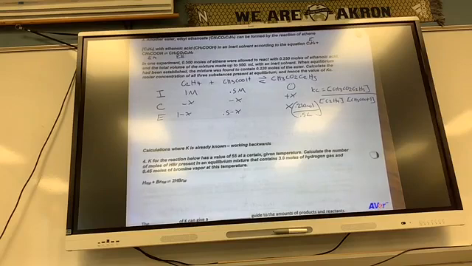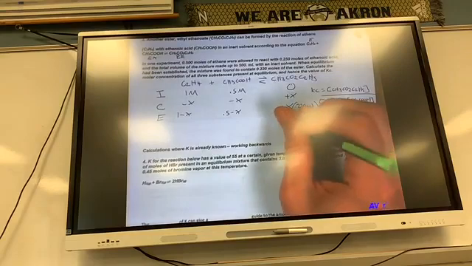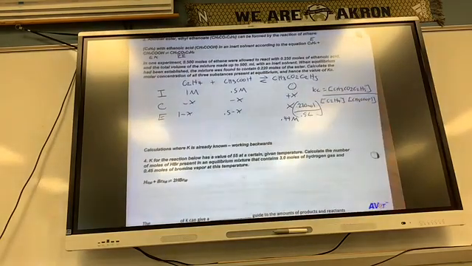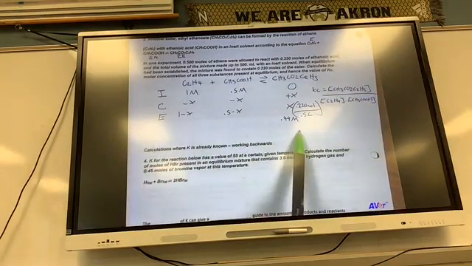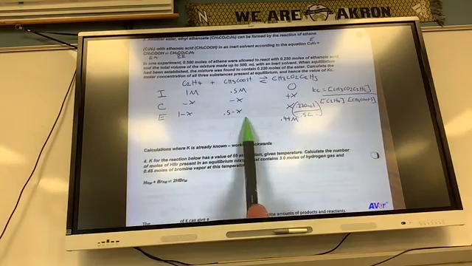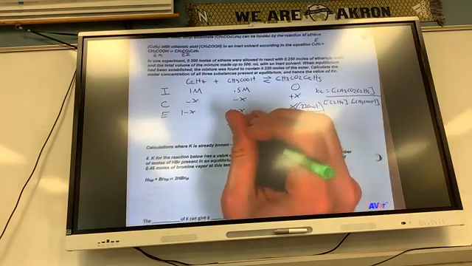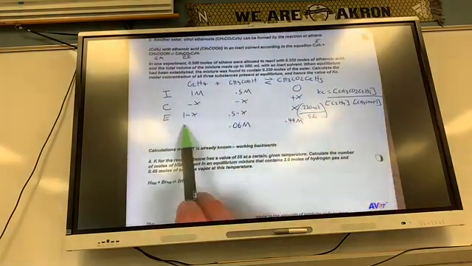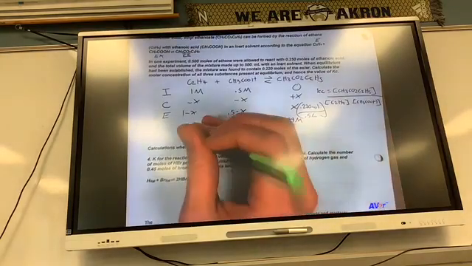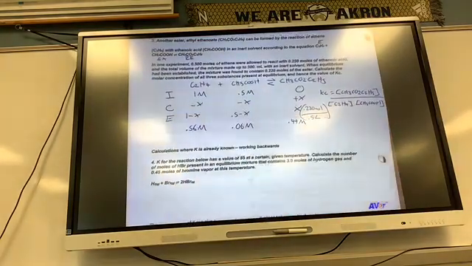What do you guys get for that? X is 0.44 molar. Can I solve for my other concentrations now? Yes. 0.5 minus 0.44 is 0.06 molar. 1 minus 0.44 is 0.56 molar.